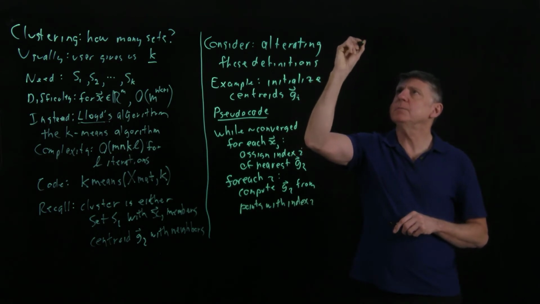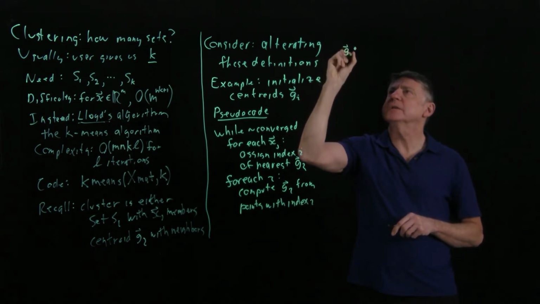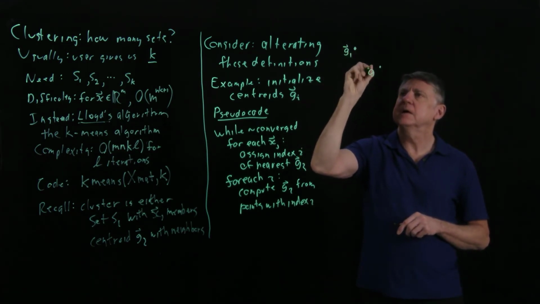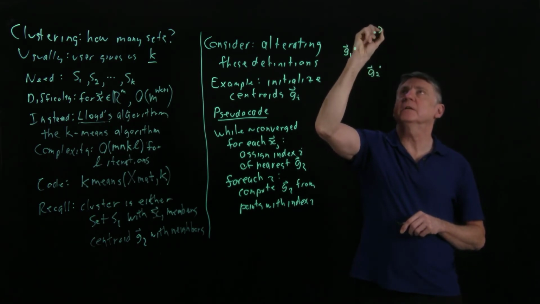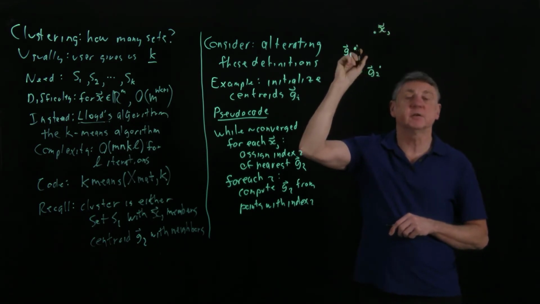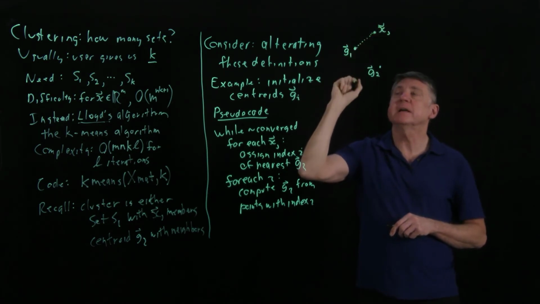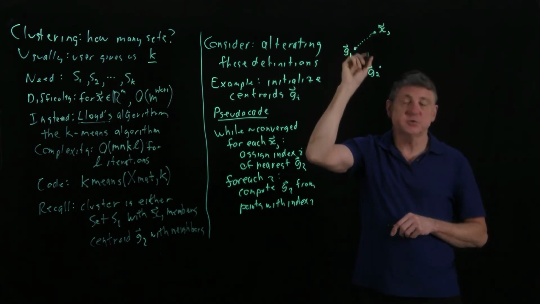Well, let's suppose that we're doing binary clustering. So we have a centroid 1 and we have a centroid 2. And then suppose we have a data vector here. So this is the jth data vector that we're looking at. What we do is we take the difference vector between G1 and xj and find its norm.